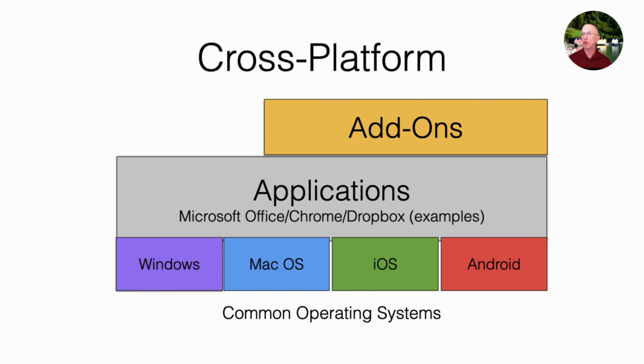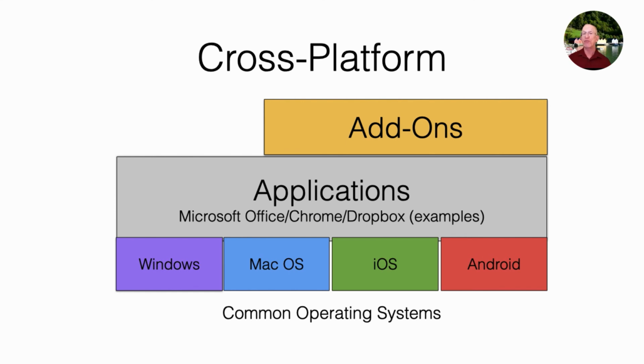I can use Word and PowerPoint and Excel because Microsoft makes these applications available not only for Windows, they make them available for Mac and iOS and Android so that you can use it on any platform you want to, which makes it easy to get to information.